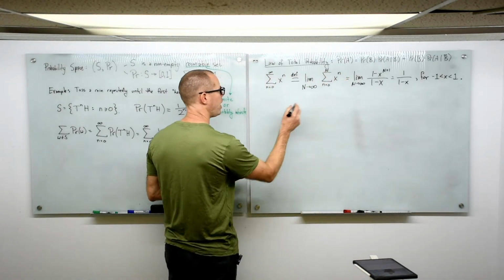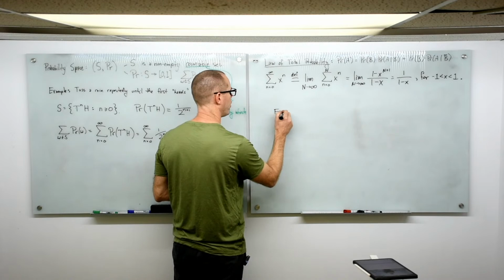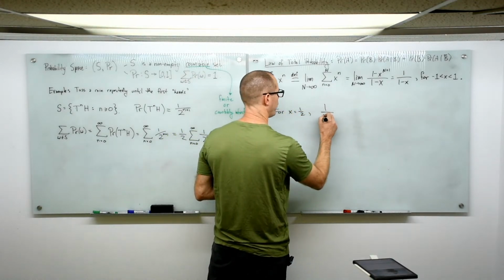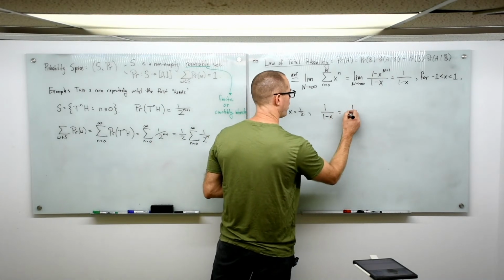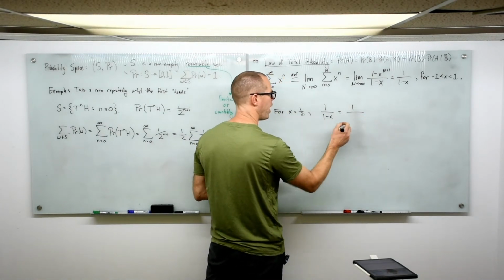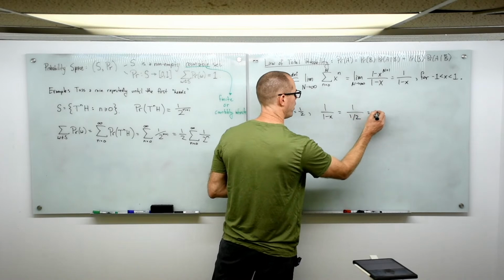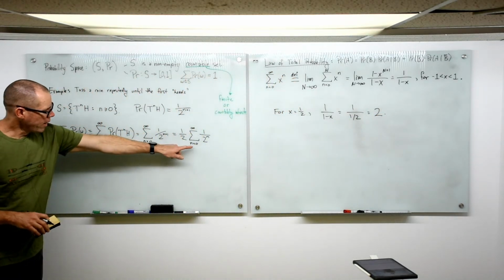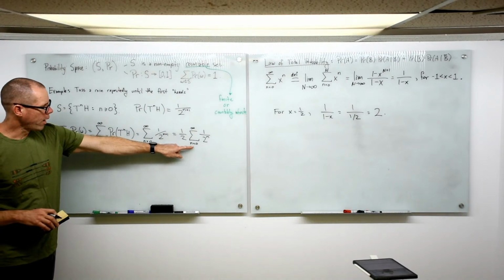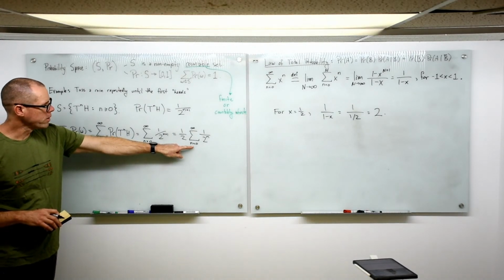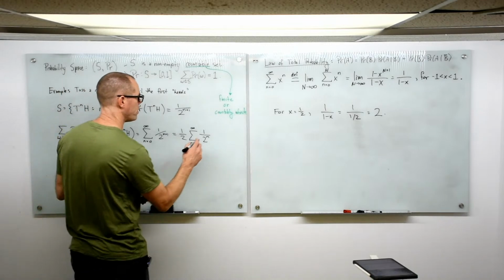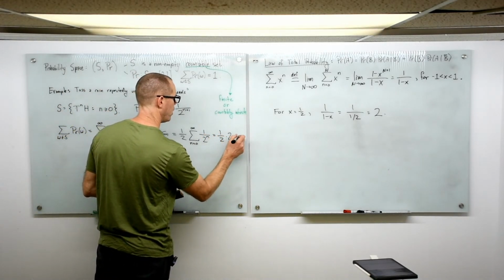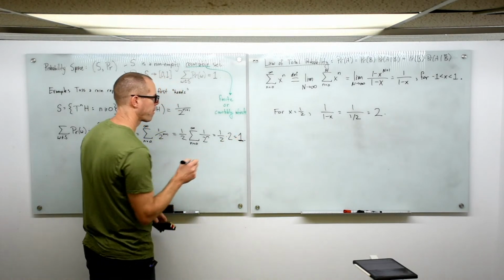And now if I take x equals a half, 1 over 1 minus x is 1 over 1 minus 1/2, which is 1 over a half, which is 2. And that means this sum here evaluates to 2, so I get a half times 2 is equal to 1.